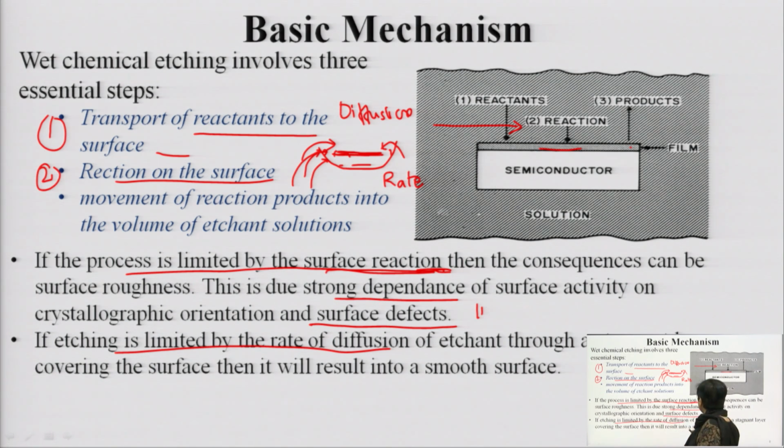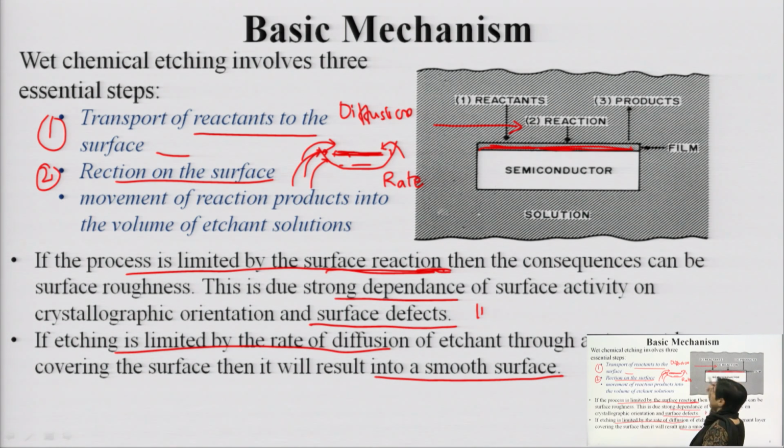Under this situation, you will have a very smooth surface, because the reaction has happened only for the species that were available. Till the time there is a stagnant layer and no more species are made available, my surface is going to be smooth and uniform.